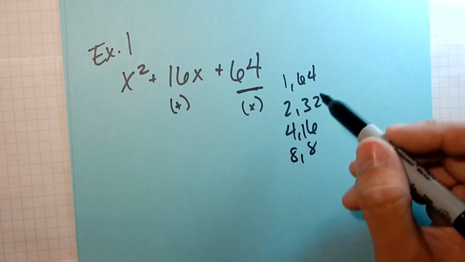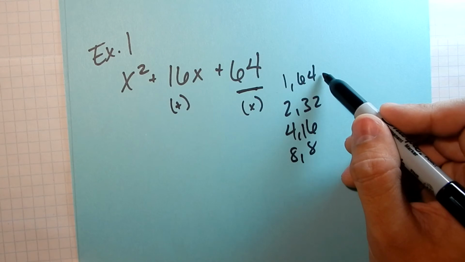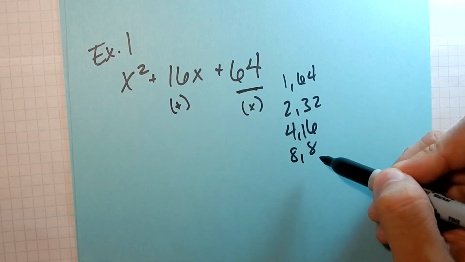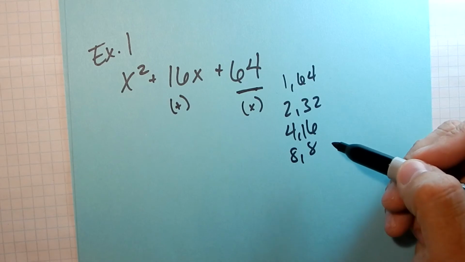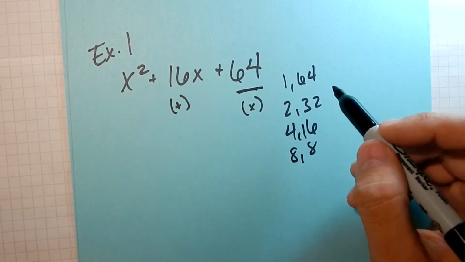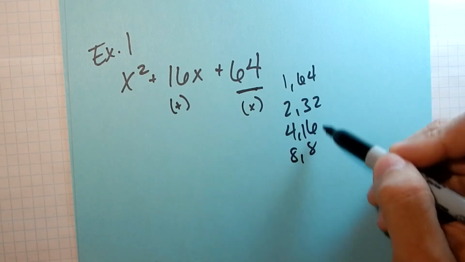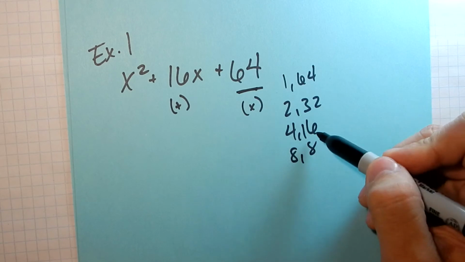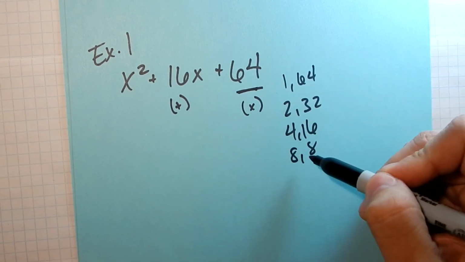I've already told you the answer, but just for the sake of going through this, in some situations, when you get numbers that aren't very friendly, or numbers that have a lot of factors, like 72 or 144 or something like that, we have to go through and see if the sums end up working.